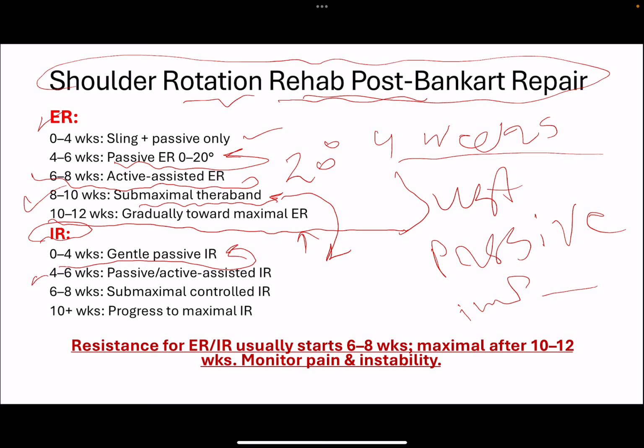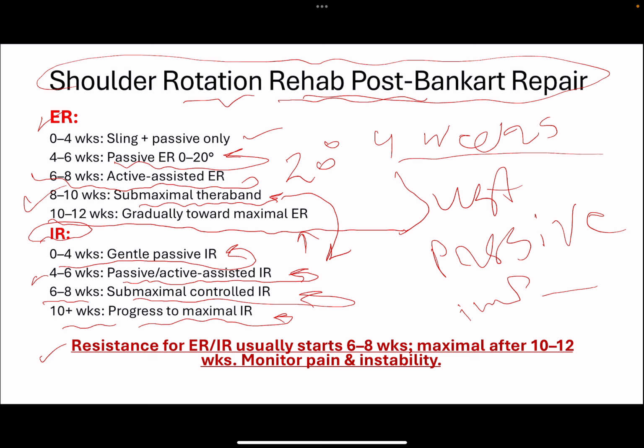From 4 to 6 weeks, passive and active assisted internal rotation. From 6 to 8 weeks, submaximal controlled internal rotation. By week 10, progress to maximal internal rotation.